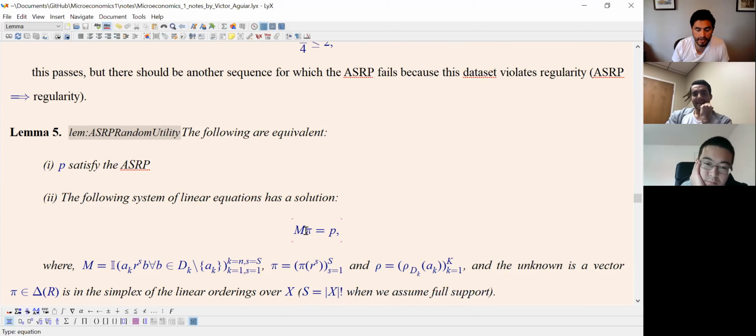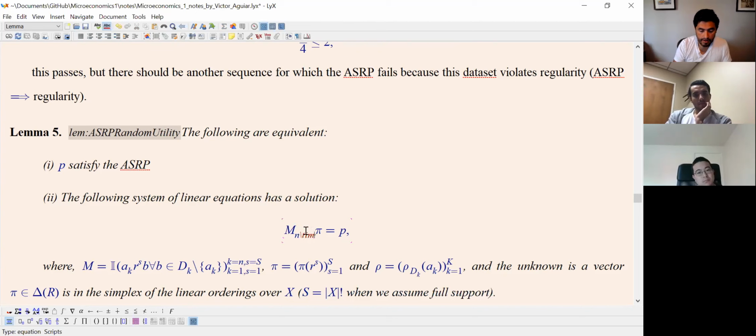Then I multiply this matrix, which is of dimensions n times S, by this thing that is S times 1, and I obtain this object that is n times 1.